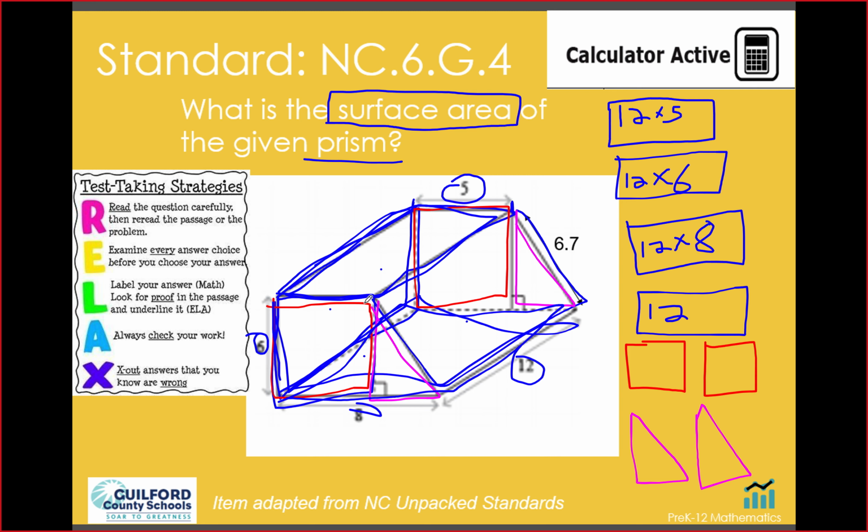And our last side rectangle right here is 6.7. So we have a decimal place there. But again, you can use your calculator for this one. So if you would calculate the surface area of our rectangles with your calculator, I'll give you a chance to do that.